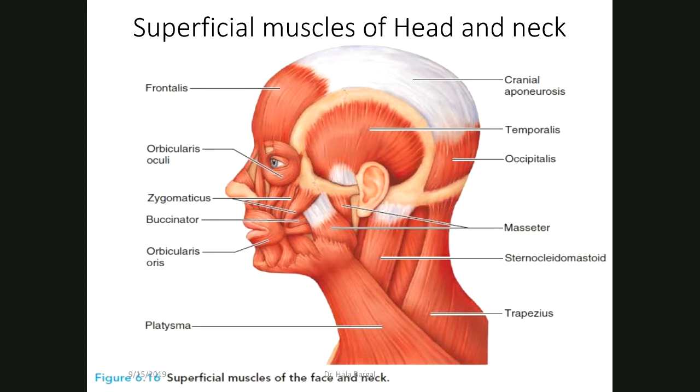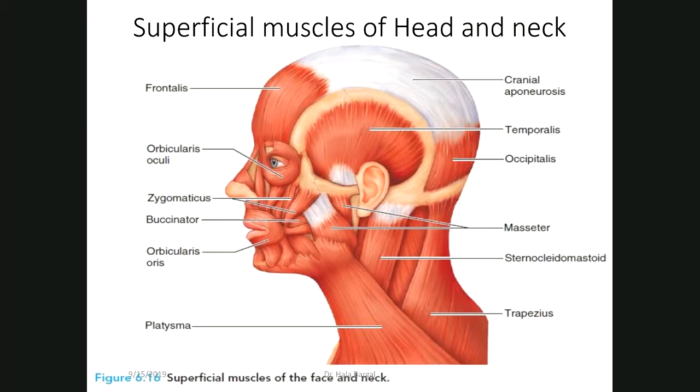Orbicularis oculi muscle. We call it orbicularis because it is the rounded muscle which surrounds the eye. Its main function is closure of the eye. Then we have orbicularis oris, also a rounded muscle, around the mouth.